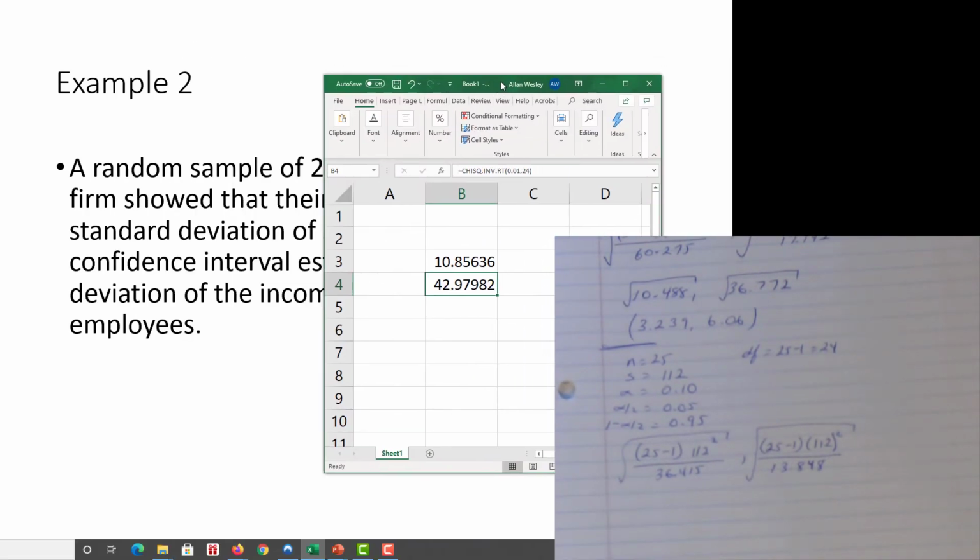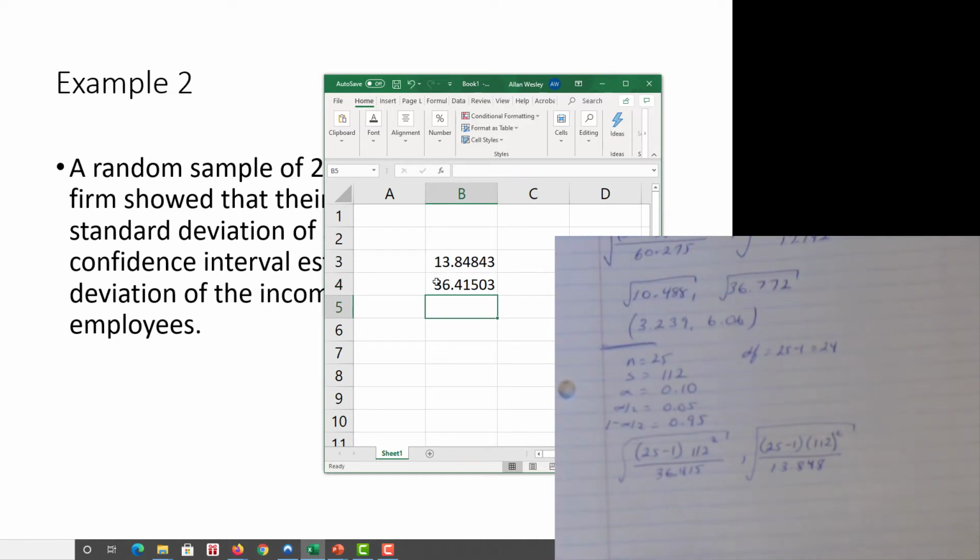Alternatively, we can use Excel again. Now, kind of neat, we have 5% in the left tail, so 0.05, and 5% in the right tail as well.